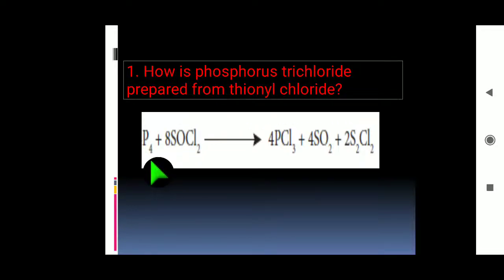Phosphorus reacts with SOCl2, that is thionyl chloride. They give phosphorus trichloride and two byproducts, sulfur dioxide and then disulfur dichloride, S2Cl2.